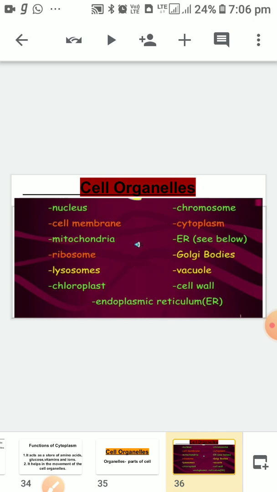Here you can see how many organelles a cell can contain. The main organelles of cell are nucleus, cell membrane, mitochondria, ribosome, lysosomes, chloroplast, chromosomes, cytoplasm, ER, that is endoplasmic reticulum, Golgi bodies, vacuole and cell wall. So we will discuss about all these organelles.